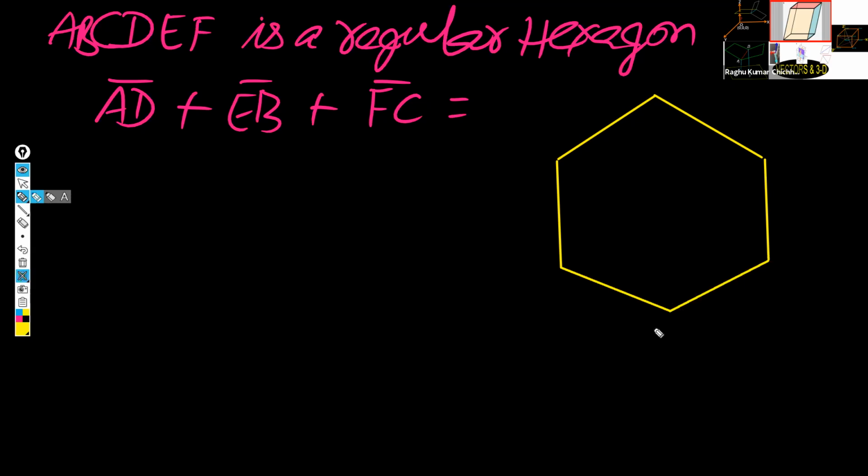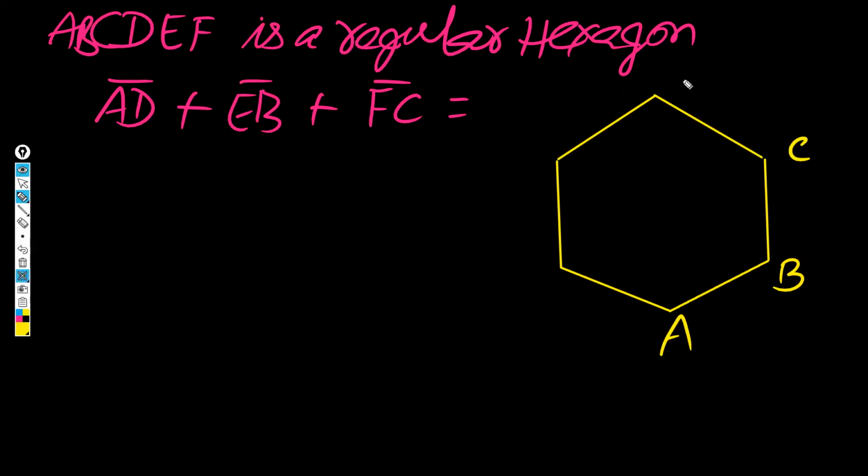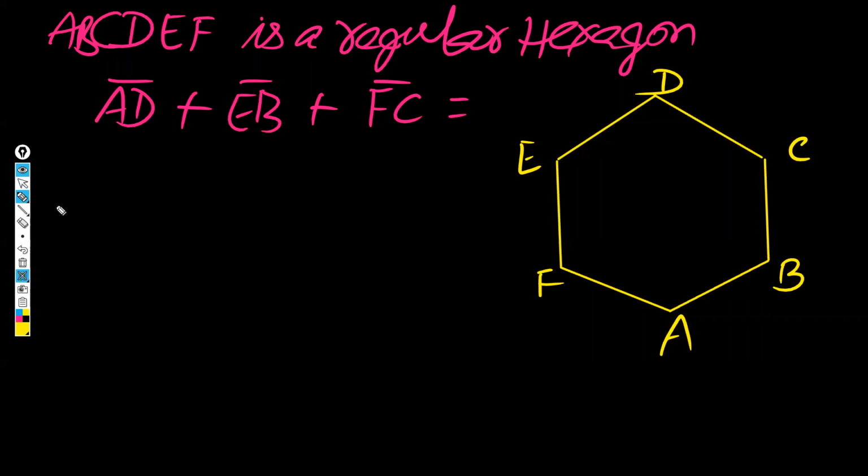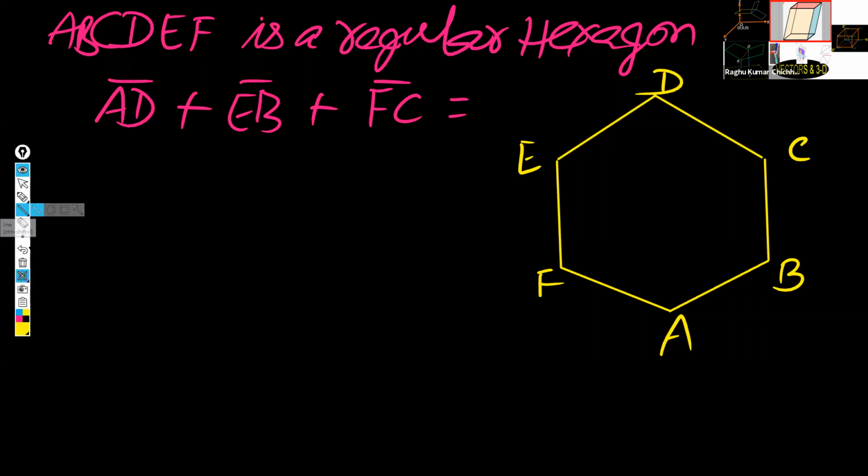Kaushik and Pranit, are you trying it? Yes, sir, trying it. A, B, C, D, E, F. Now this is to be expressed in terms of AB bar. Now the property here is FC bar is double of AB bar, because it's a regular hexagon.